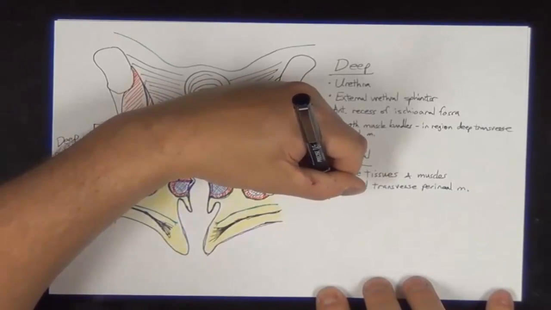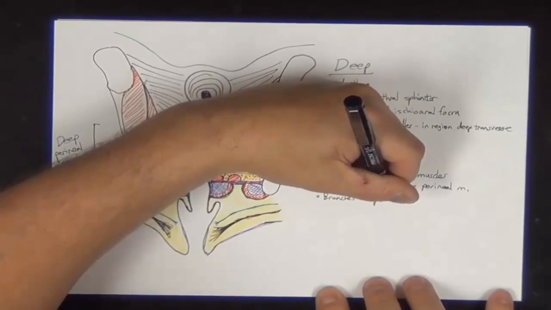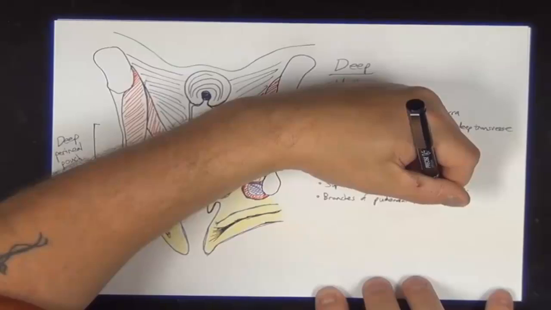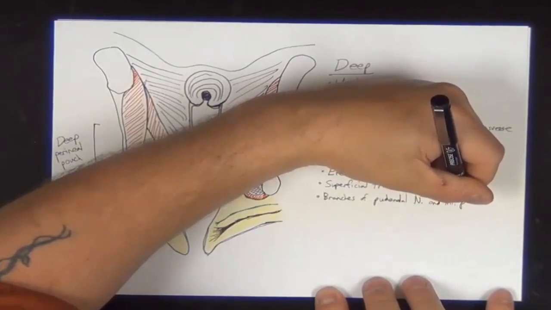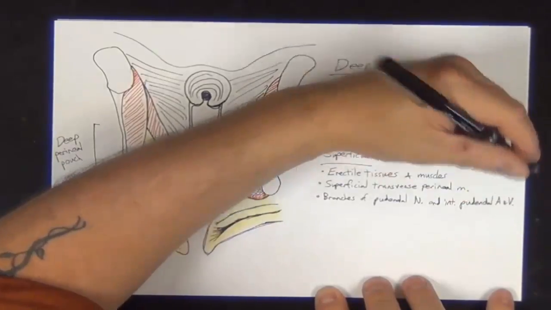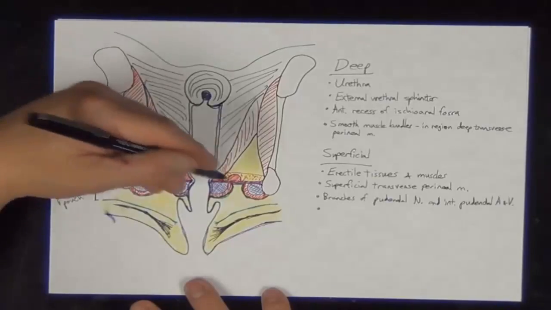And as with the male, branches of the pudendal nerve and the internal pudendal vessels, artery and vein.